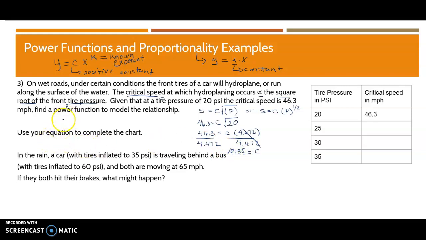So then my formula, the critical speed is equal to 10.35 times the square root of the tire pressure. It says for us to use the equation to complete the chart. And since there's a number of values here, I feel like it's valuable for me to just go to my graphing calculator and let my graphing calculator do this work for me.